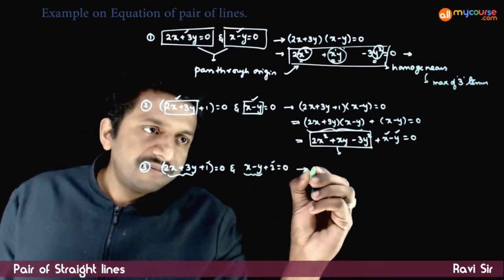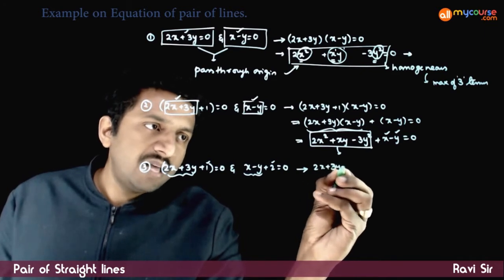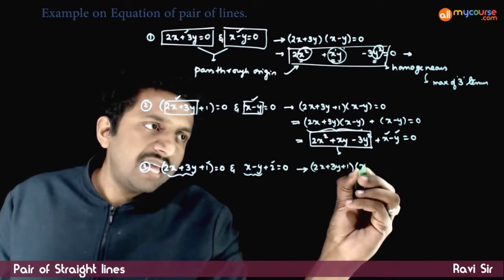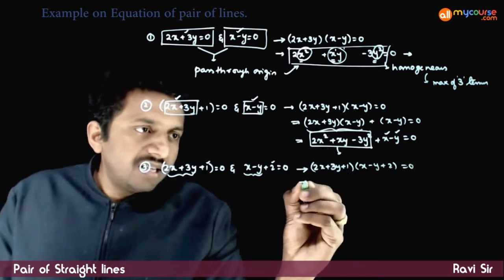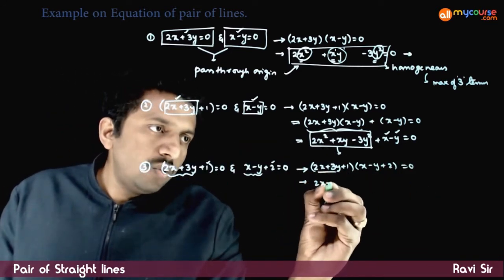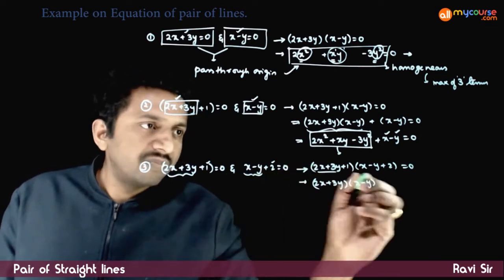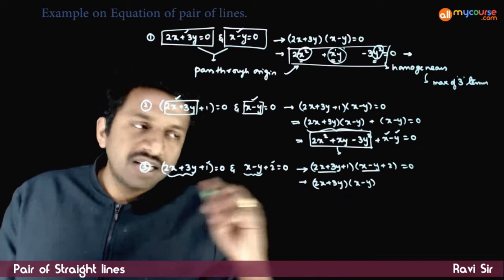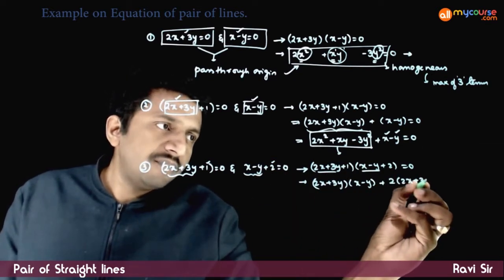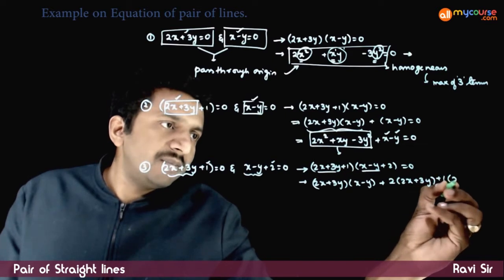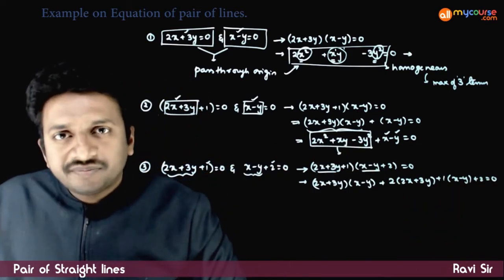So you have the combined equation as 2x plus 3y plus 1 times x minus y plus 2 is equal to 0. That is 2x plus 3y times x minus y, plus 2 times 2x plus 3y, plus 1 times x minus y, plus 2 is equal to 0.